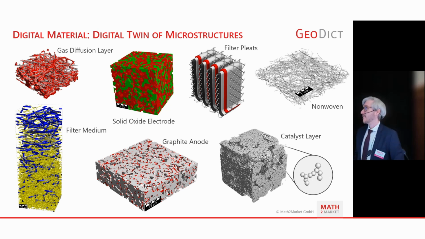You can generate, for example, gas diffusion layers for fuel cells, solid oxide electrodes for solid oxide fuel cells, filter beds, non-woven materials, filter media, anodes, electrodes for batteries, and also catalyst layers, so fibrous materials, granular materials. There are huge possibilities for how you can use GeoDict.